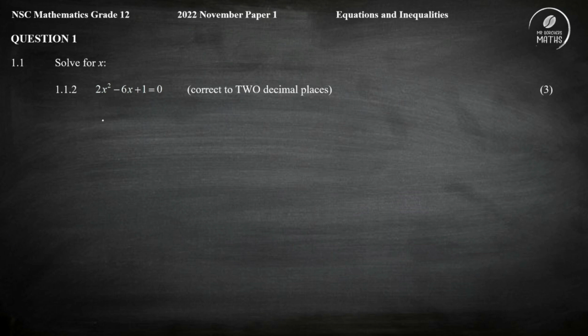Having a look at question 1.1.2, we are required to solve another quadratic equation, but this time we're told to solve it correct to 2 decimal places. This means that we will be using the quadratic formula.